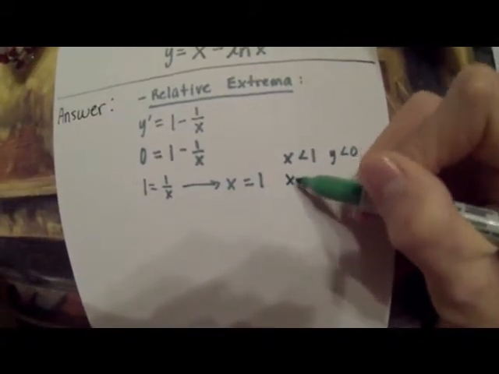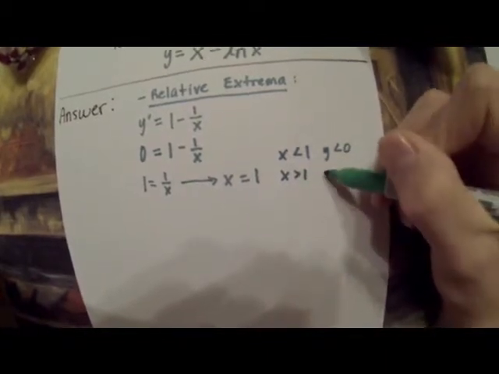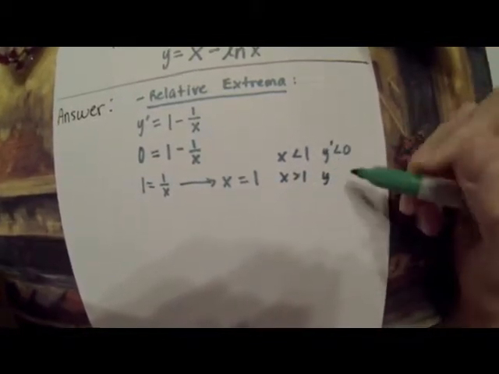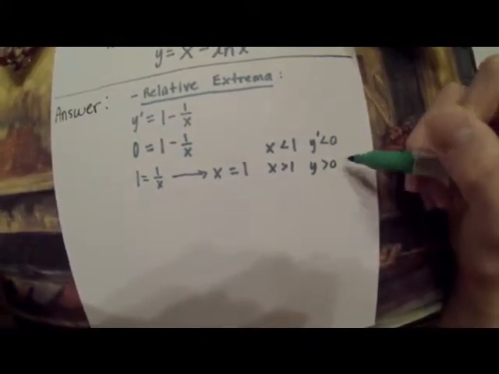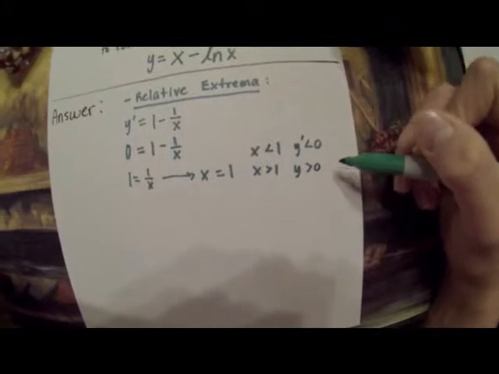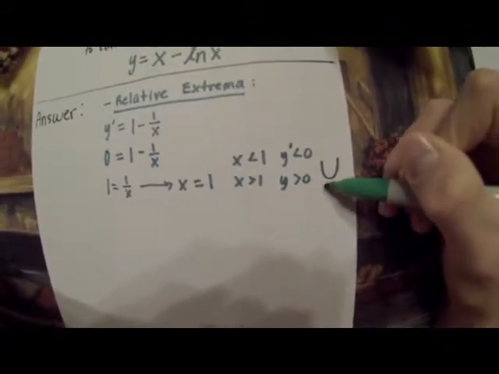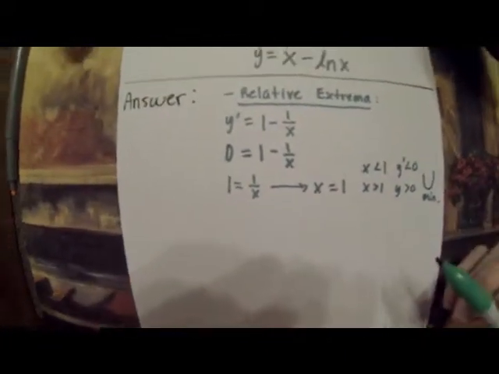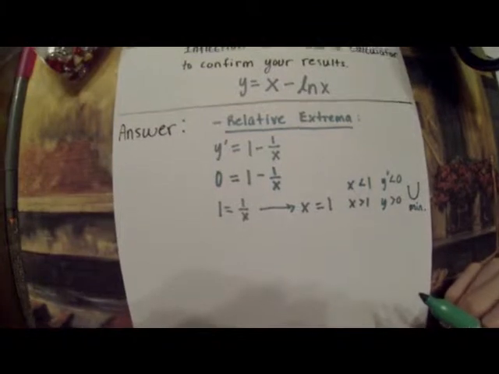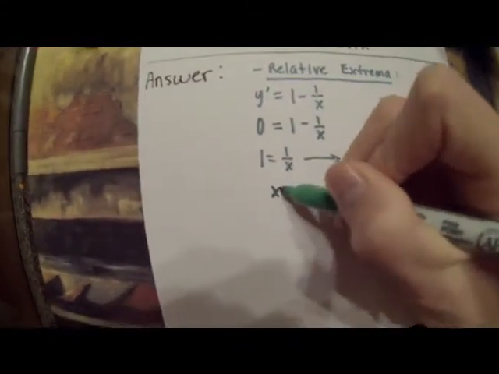And when x is greater than 1, y prime is greater than 0. So that's increasing. So we have a minimum. And then our other relative extrema is when y prime does not exist, and that is at x equals 0.